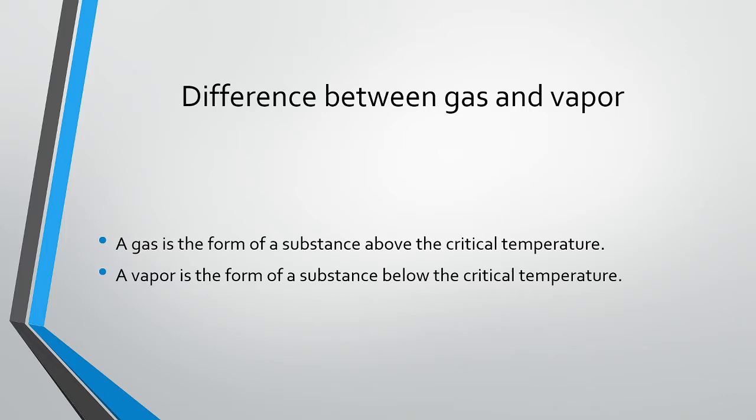So we are saying that above the critical temperature, the gaseous substance will be in a gas form, and below the critical point it will be in a vapor form. So what will be the main difference between gas and vapor? Why are we calling it gas and why are we calling it vapor? What's the main characteristic here?